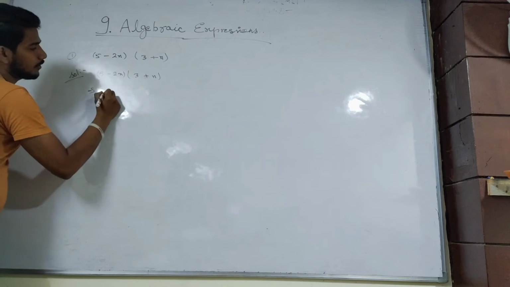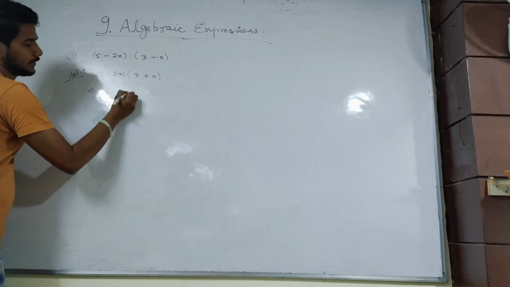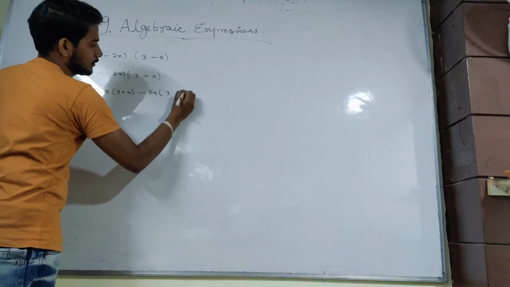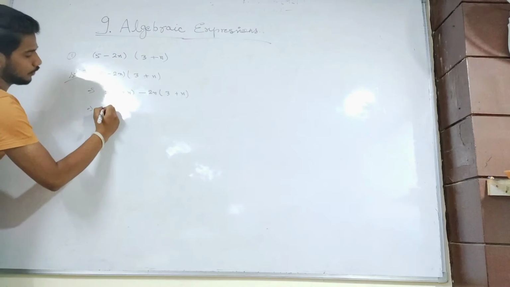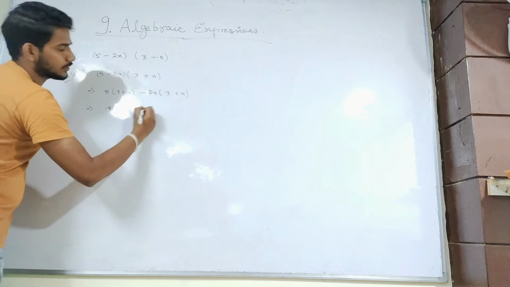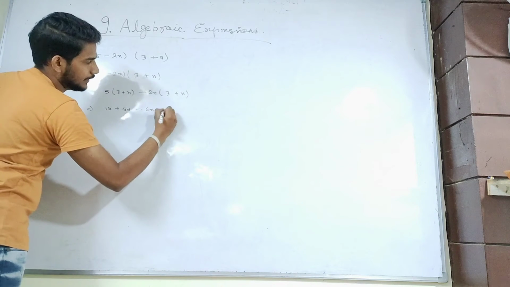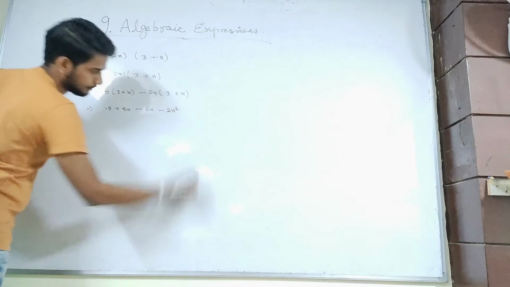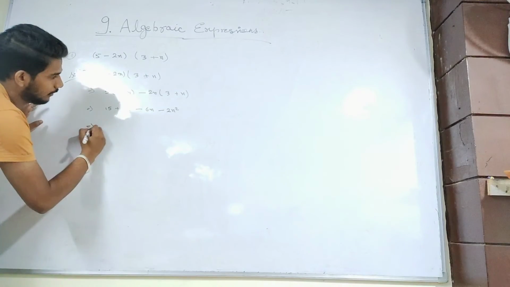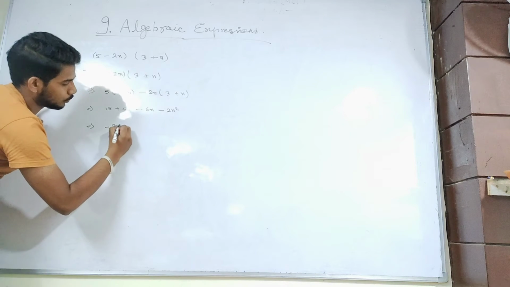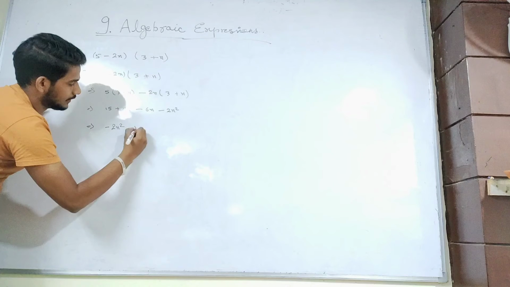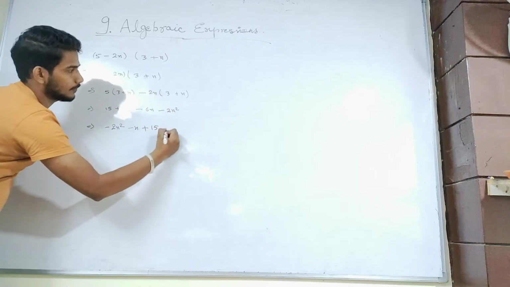So 5 multiplied by 3 plus x, then minus 2x multiplied by 3 plus x. The solution carries forward like this: 15 plus 5x minus 6x minus 2x square. Now we reshuffle this and it becomes minus 2x square, plus 5x minus 6x, plus 15. It will be minus 2x square minus x plus 15, the answer.